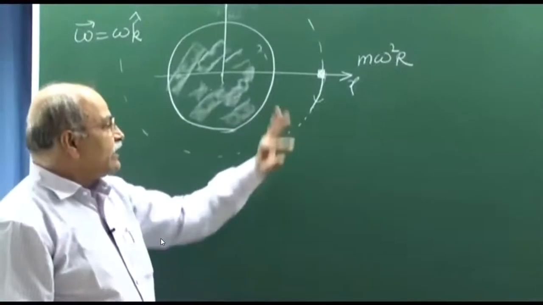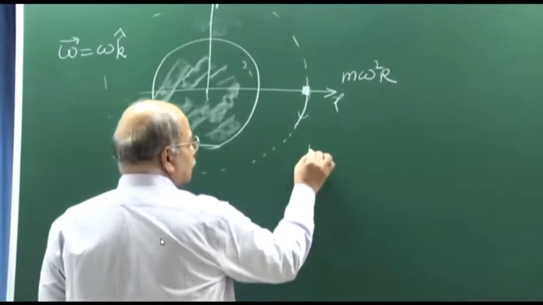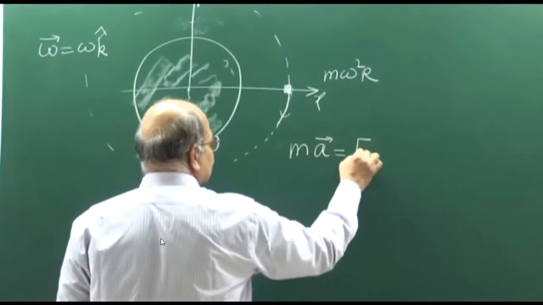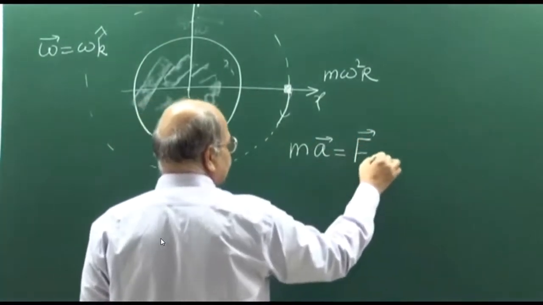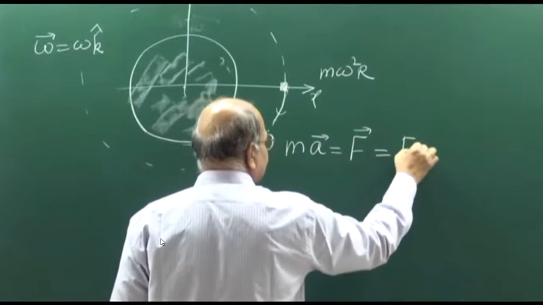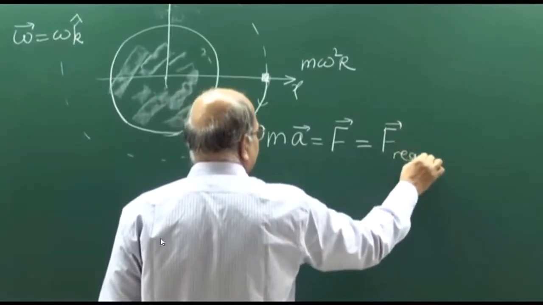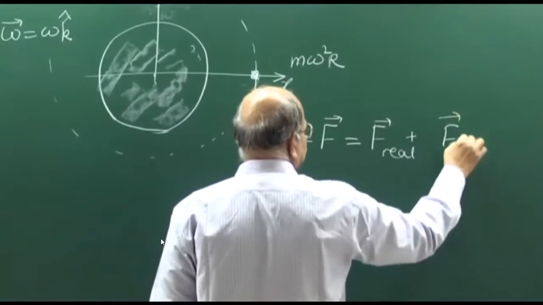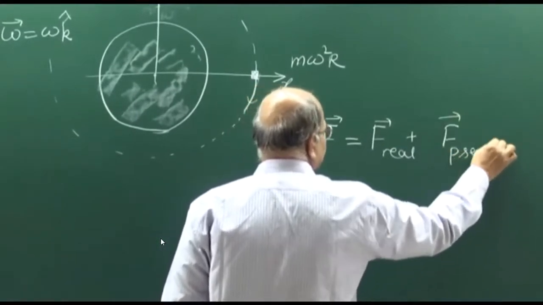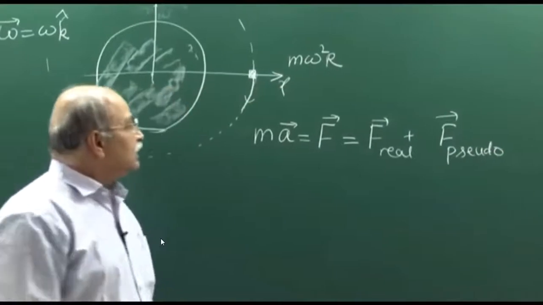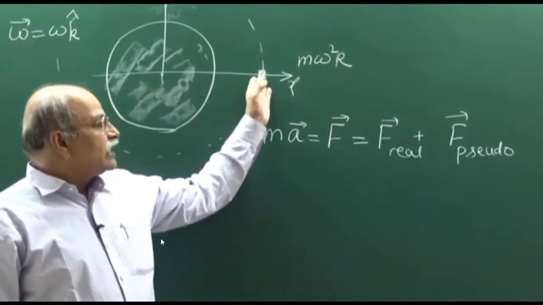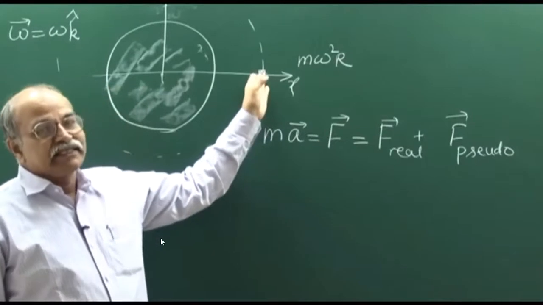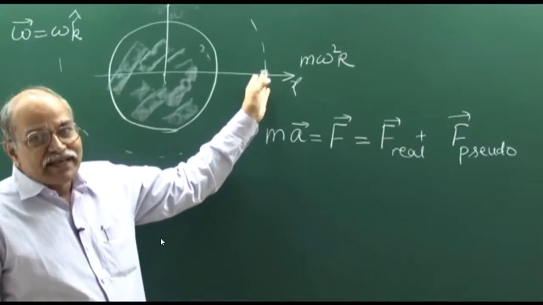So, how do I analyze it? We write mass times acceleration is equal to force, and this force we write in two parts: the actual real forces plus pseudo forces. In our case, the real forces all add to 0 because this is at rest in the lab frame, which I take as inertial frame.